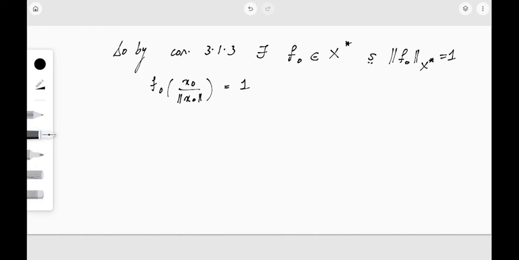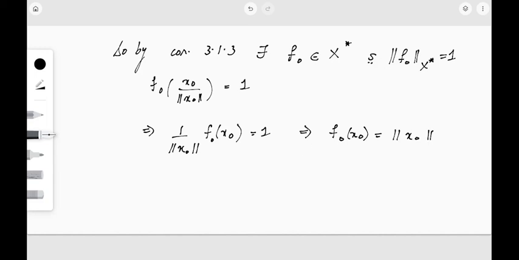Now in this corollary we have to prove that f dot of x dot, that is the linear functional corresponding, should be equal to the product of norms. So from this I can see that 1 by norm of x dot is a scalar and f dot is a linear functional. So we get 1 by norm of x dot into f dot of x dot is equal to 1. So this implies f dot of x dot is equal to norm of x dot.